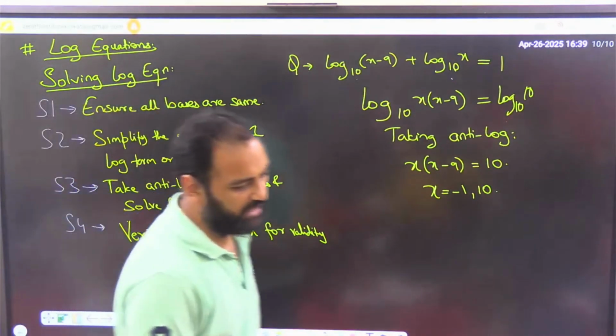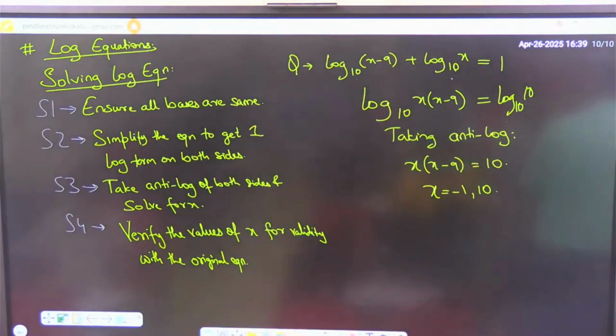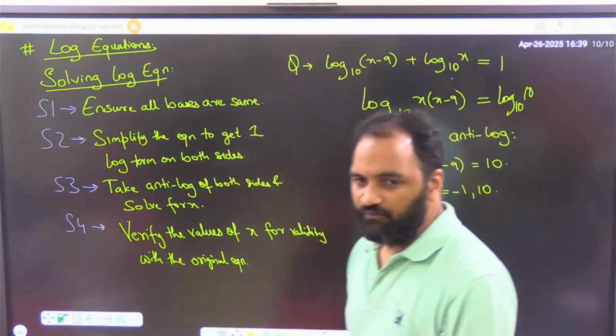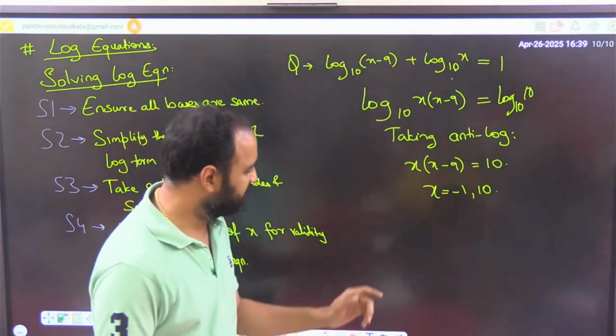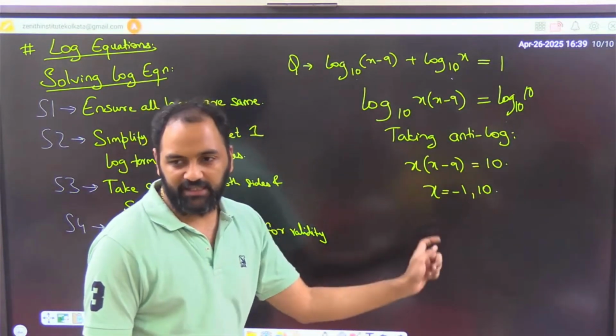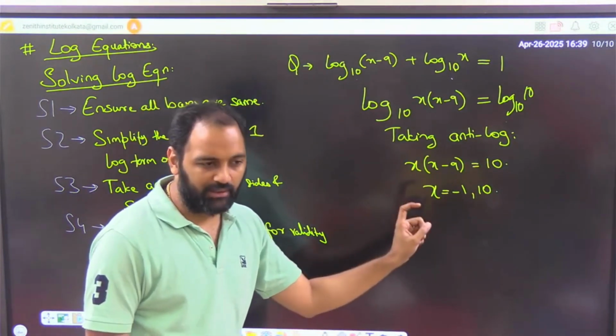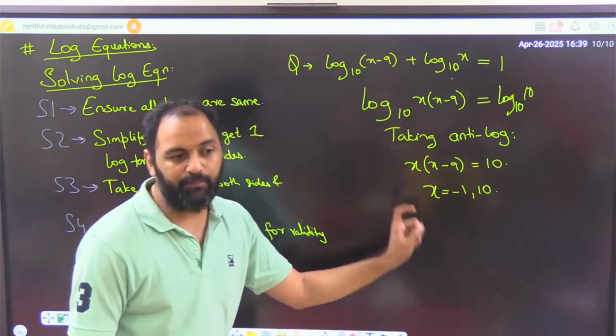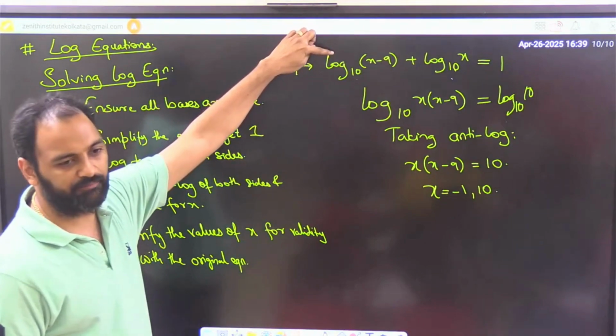What we basically have to do in this particular step is, we have two values of x, -1 and 10. Now we take these values and put them back into the original equation.